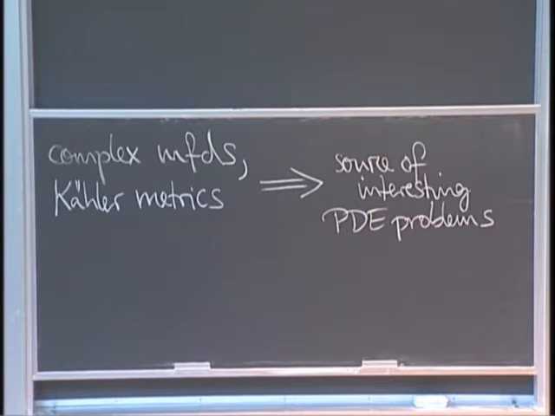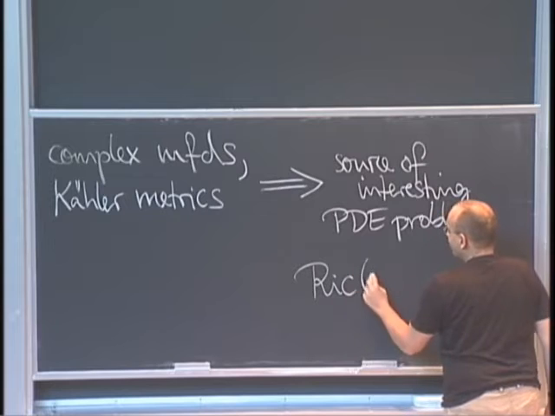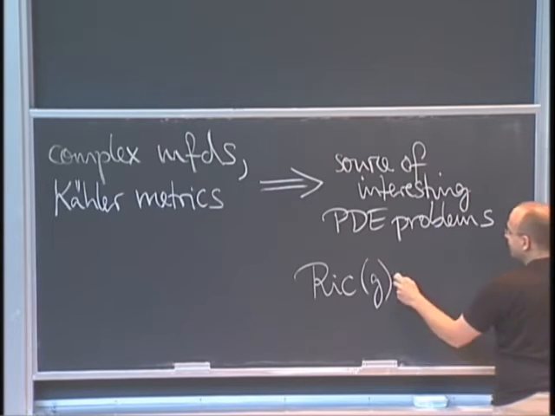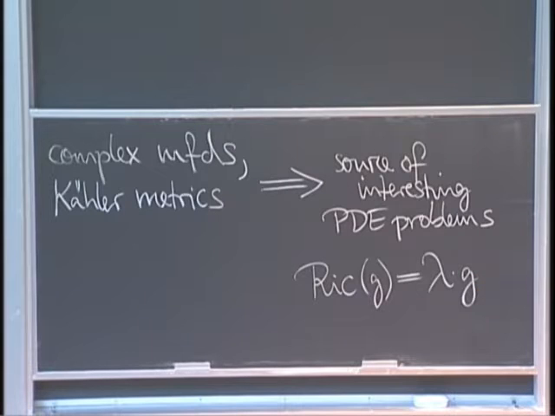Maybe the most prominent one is the Einstein problem. What Aaron was talking about, the one where you're looking for Riemannian metrics satisfying the Einstein equations, that the Ricci curvature is equal to a constant multiple of the metric. Now I can pose that problem for arbitrary Riemannian manifolds, so there's nothing particularly complex or Kähler about it.